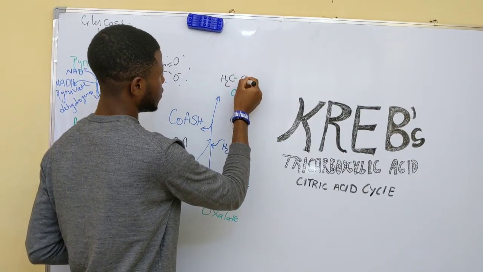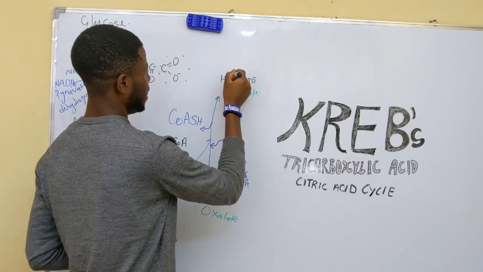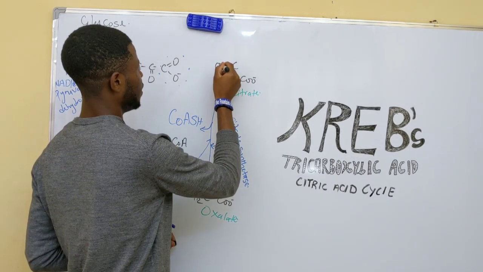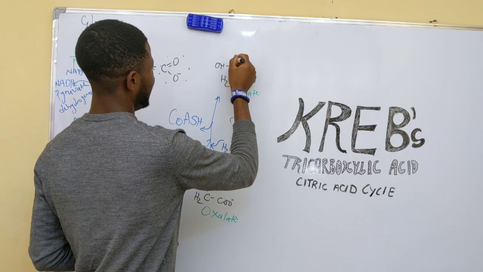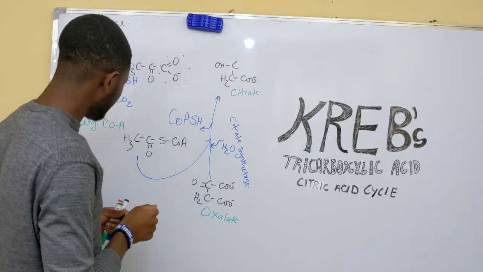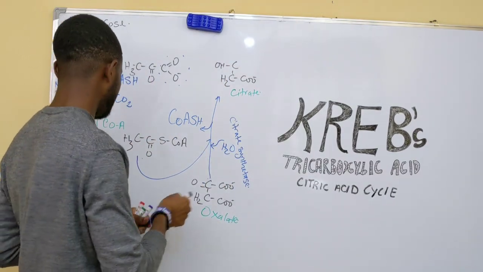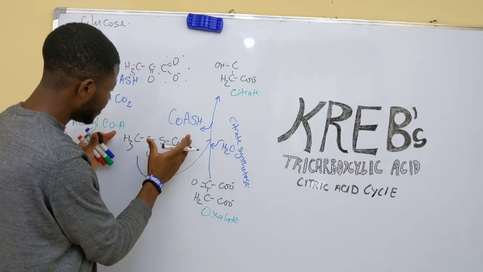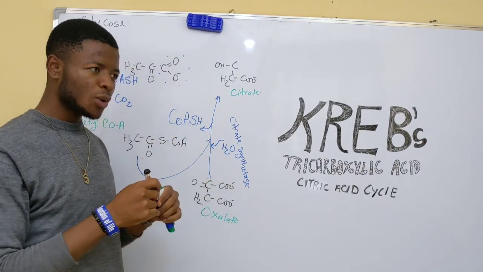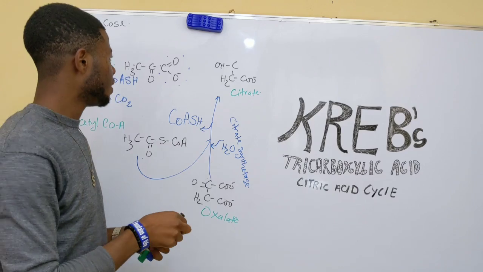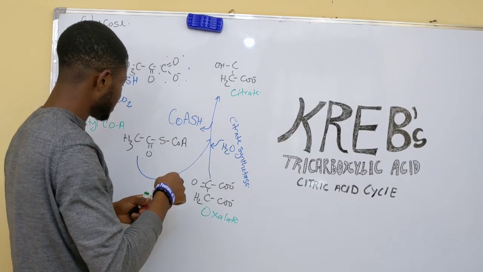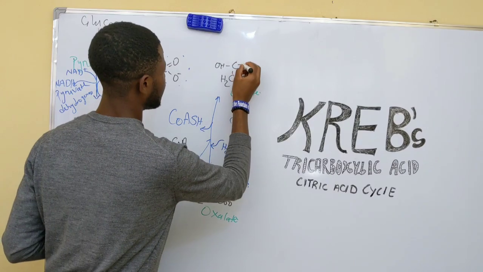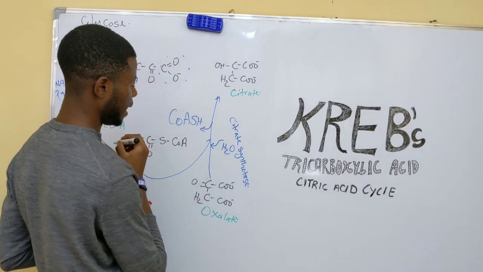We are going to have this, and then here, remember we are going to be lysing this bond to form an OH group here. And then here, remember, I will just carry this group and attach it here. So I need to make it look differentiated from this group and this group. So I'm going to put the other group in red so that everything makes a lot of sense to us. Remember, we still have this carboxy group here, like this.